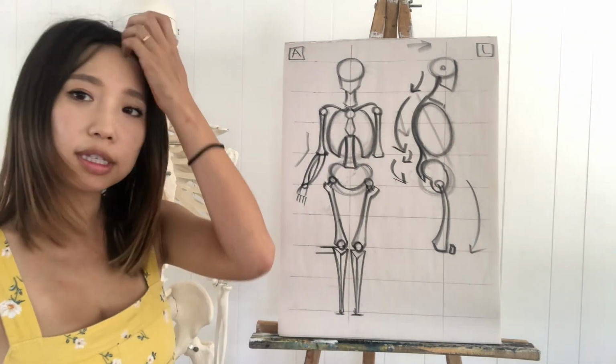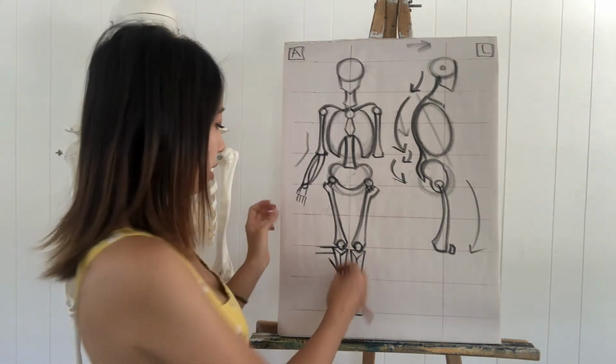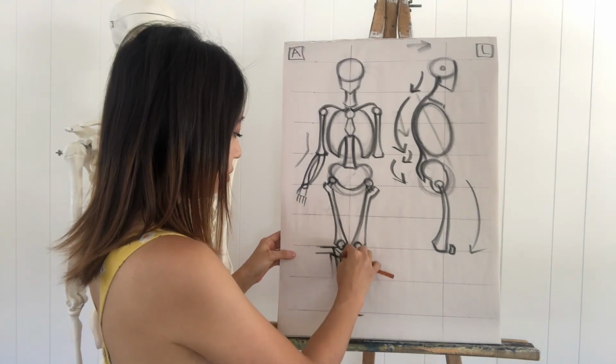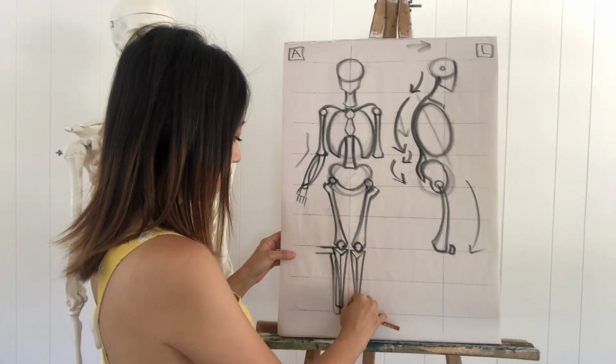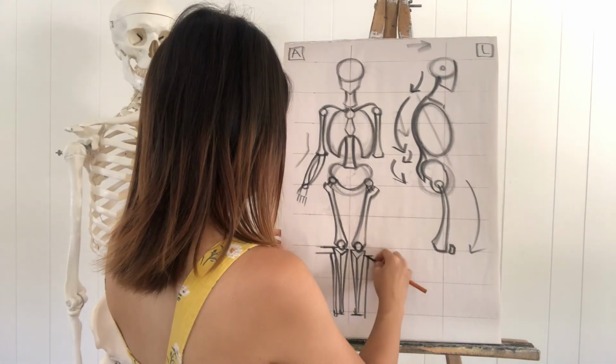So it's almost the same size. It is the same size, same height as the tibia, but it just starts lower and it ends lower, and it's a really skinny bone. Like this.